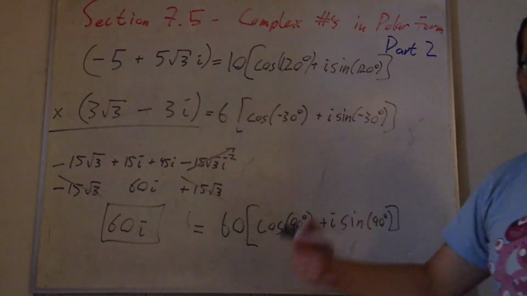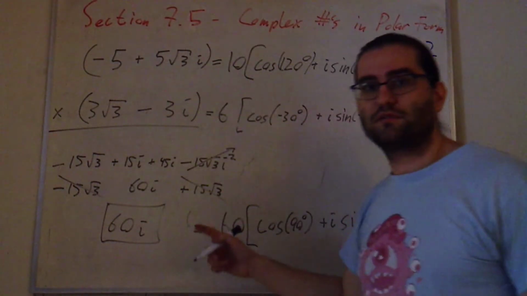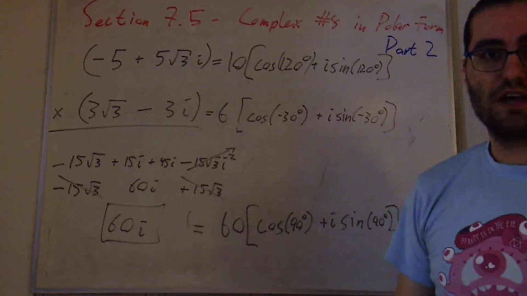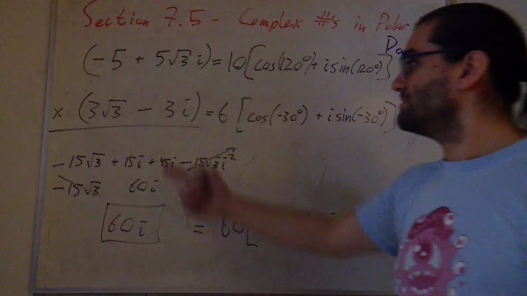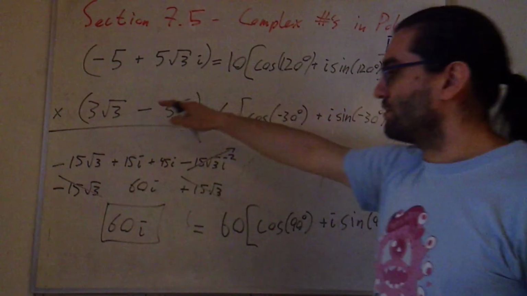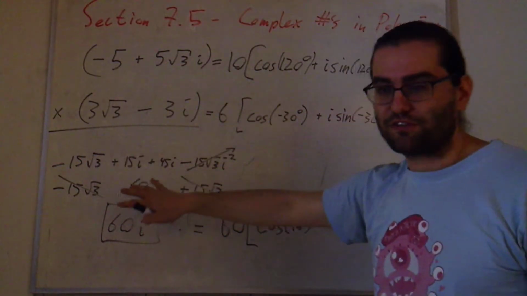So here's the good news. Multiplying complex numbers in polar form is actually much easier than doing it in rectangular form. You don't have to do the FOIL thing, you don't have to do the i squared thing, you don't have to do the simplification thing.